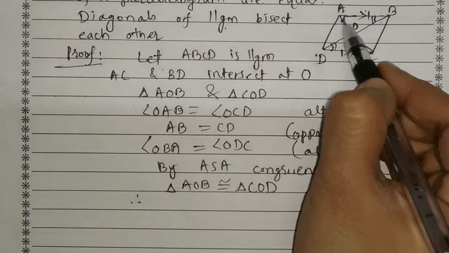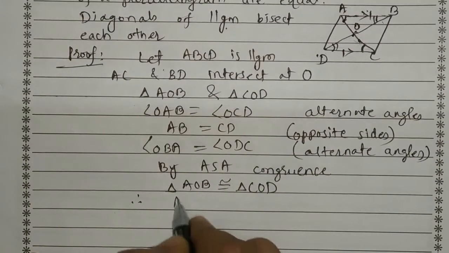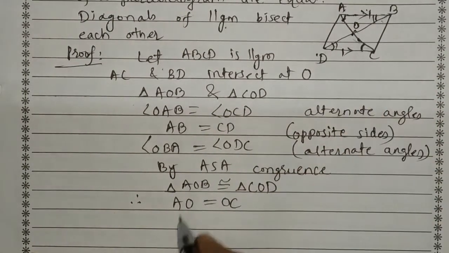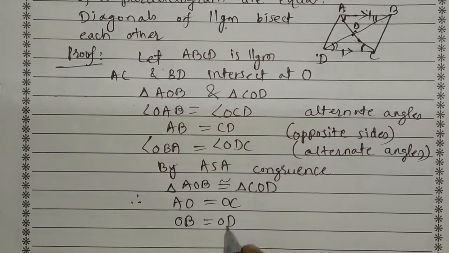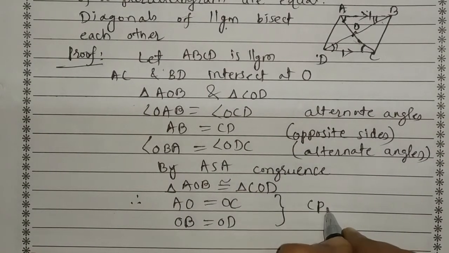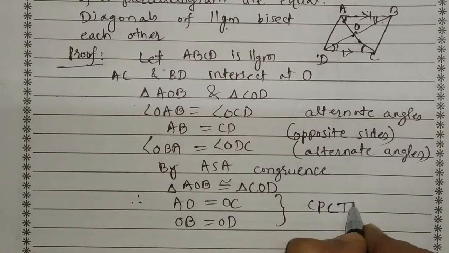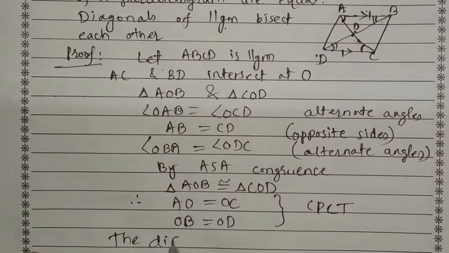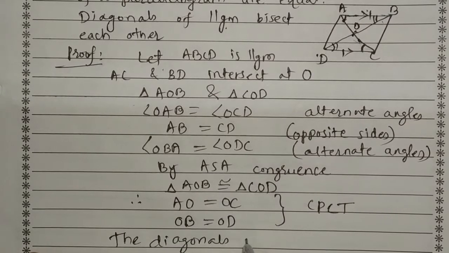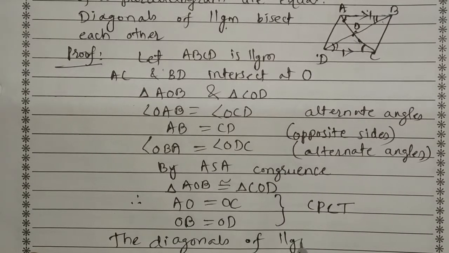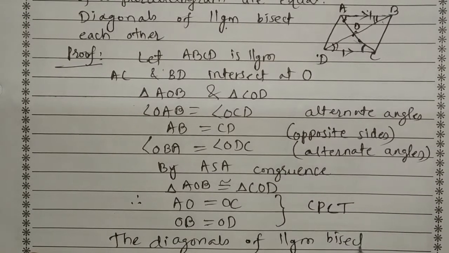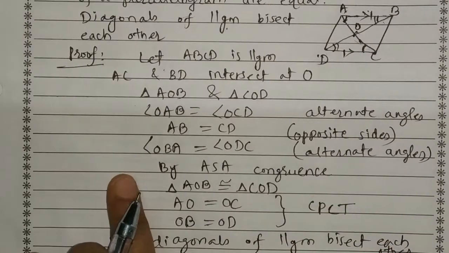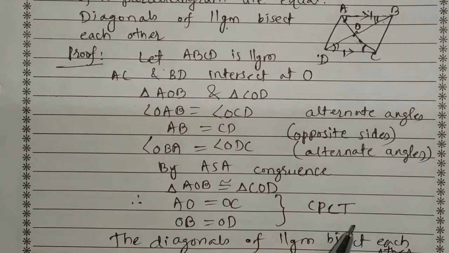Therefore AO is equal to OC, and in the same way OB is equal to OD. Reason: corresponding parts of congruent triangles. Therefore, you can say that the diagonals of a parallelogram bisect each other. This you can prove by using ASA congruency of the triangles.